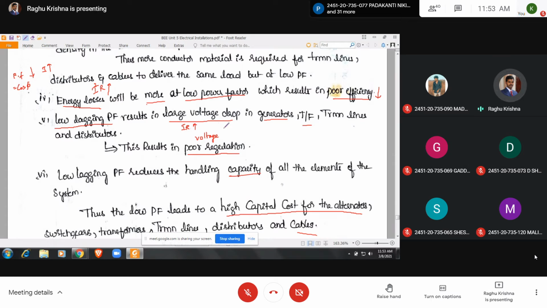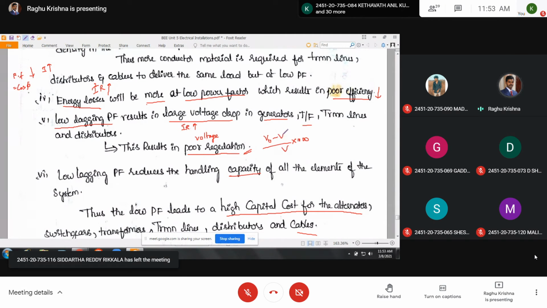If voltage drop increases, what happens to the voltage regulation? Voltage regulation will be poor. That is the change from no load voltage to full load voltage, divided by full load voltage, into 100. If voltage drop increases, the terminal voltage reduces, so the voltage regulation will be poor.